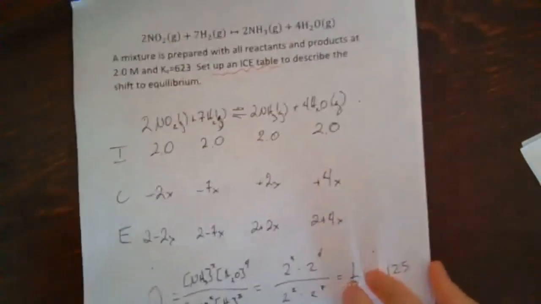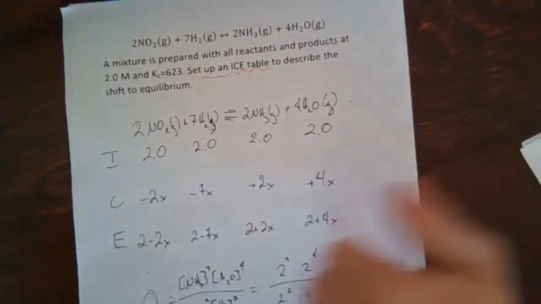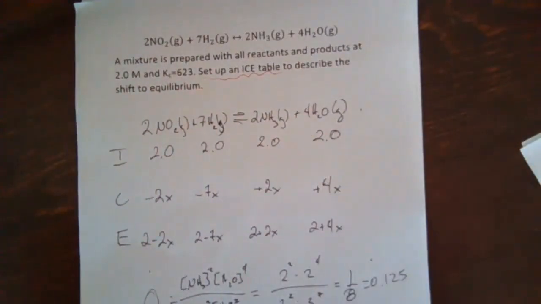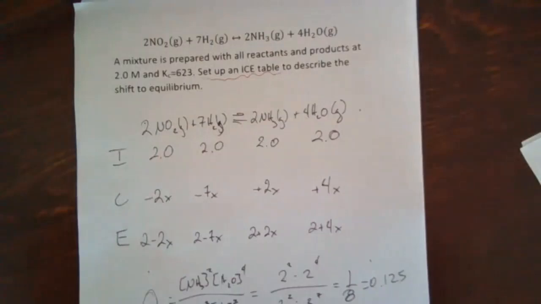This is a very unpleasant algebra problem, so we are not going to worry about it. But you could plug that into your Kc expression. That 7th exponent is going to be plenty not fun to deal with, so we're not going to worry about our 9th order polynomials. But we can certainly go through this process and figure it out. We're really hoping for zeros to pop up in that initial row, which makes our ice table much easier. But we can always compute the Qc value if we need to figure out the direction of a shift.